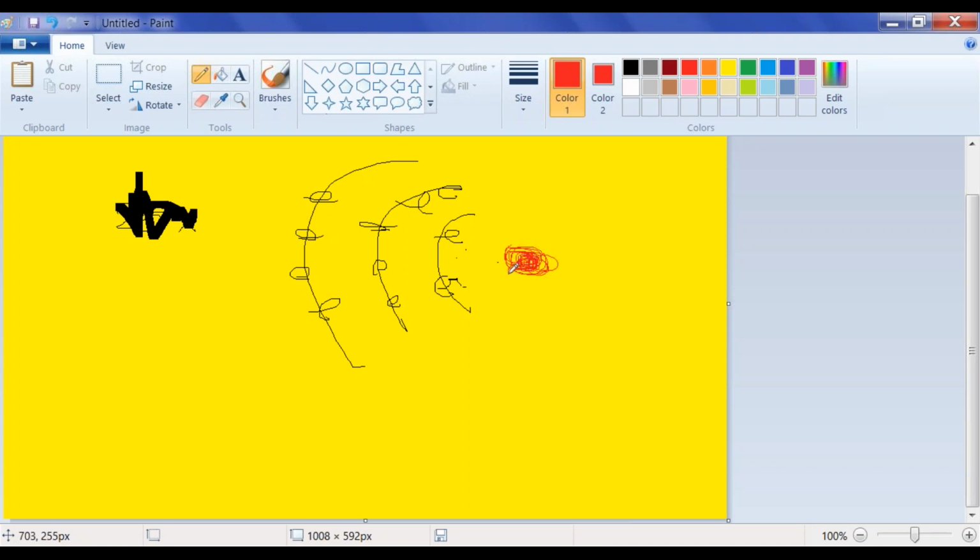So, mag-i-emit po siya ng gamma rays, dahil kailangan niya maging stable. So, these are gamma rays.